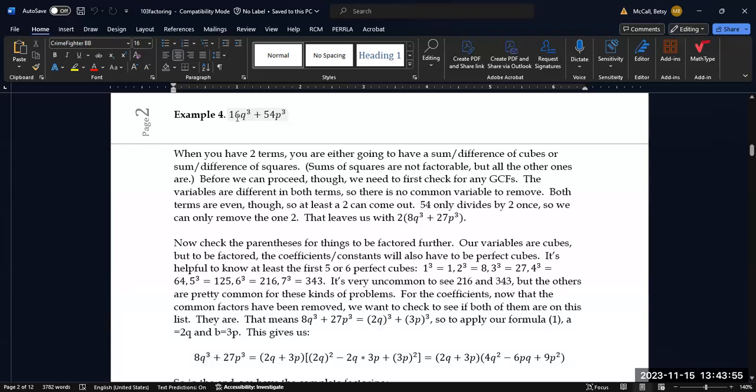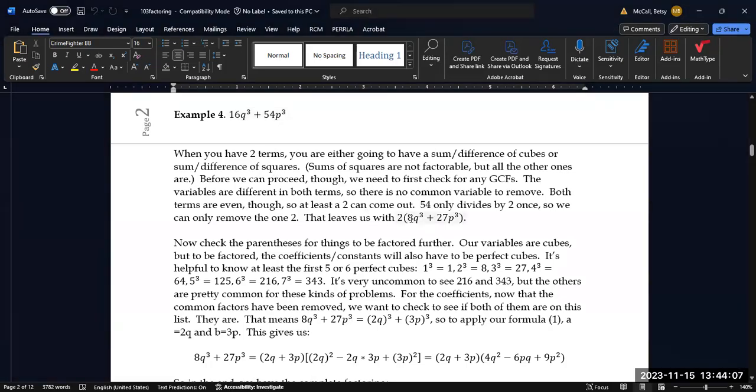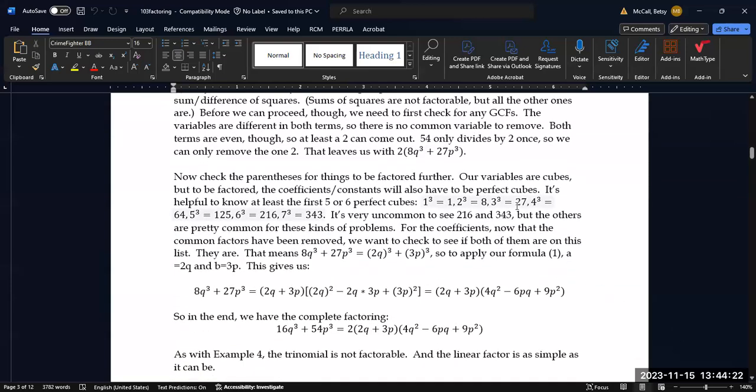They're both even. 54 does not, however, divide by anything bigger than 2. So I'm going to factor out a 2, and that's going to leave me with 8q cubed plus 27p cubed. And 8 and 27 are in my list of perfect cubes. 8 is 2 cubed, and 27 is 3 cubed.